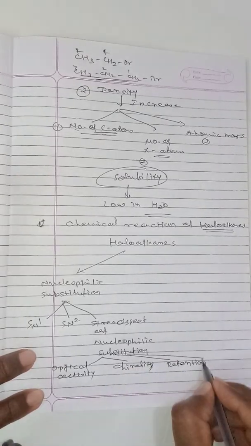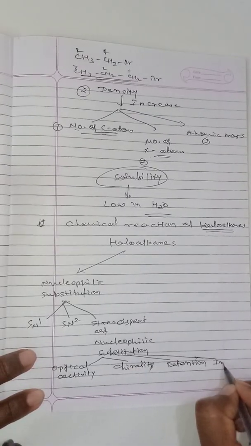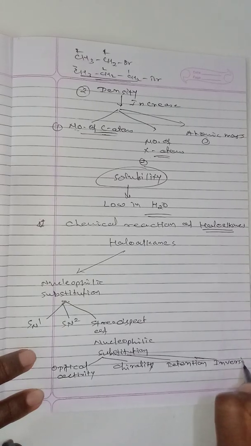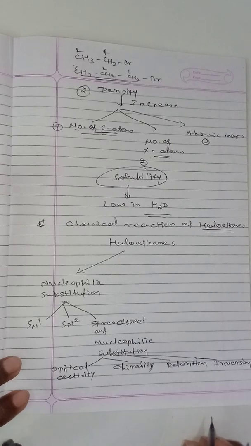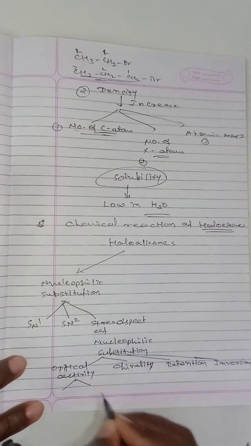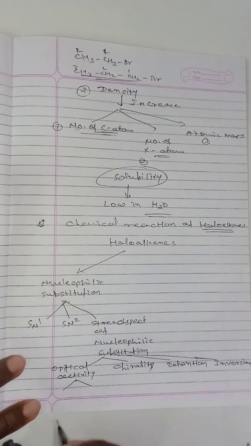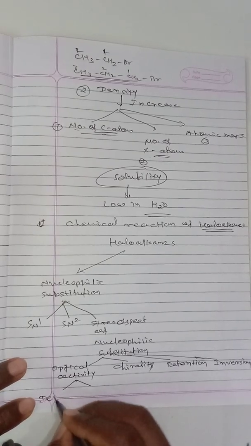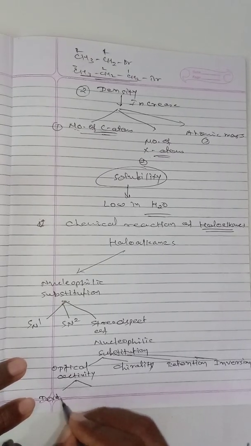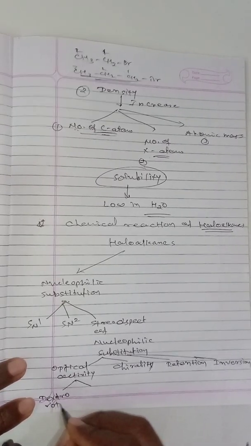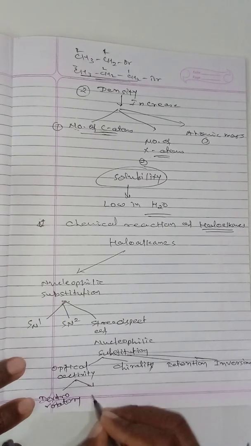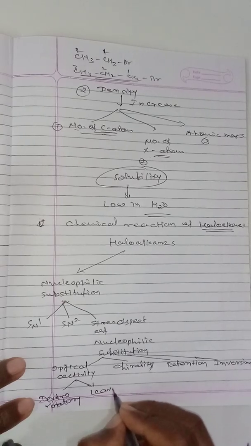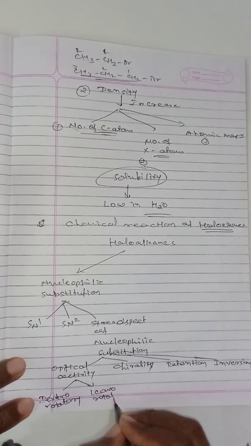And number 4, inversion. For optical activity, here we discuss dextro-rotatory and levo-rotatory.